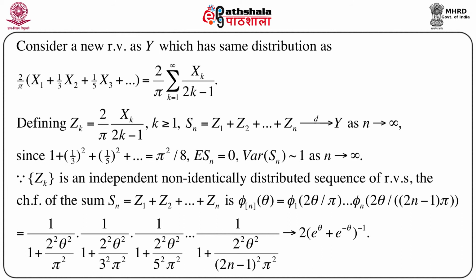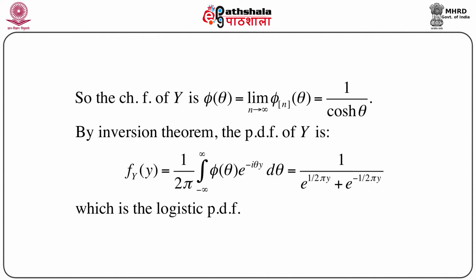And it can be shown, by a result of analysis known as Gregory's series, that this converges to 2 into (e^θ + e^(−θ)) whole to the power −1. Although this looks a little complicated, if we do it stepwise, it is very simple.